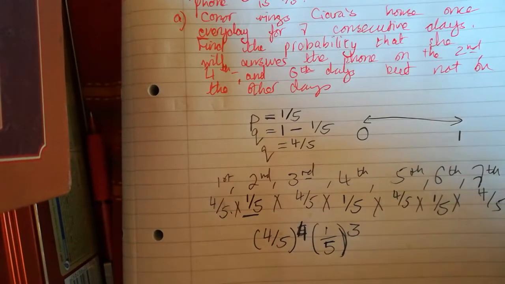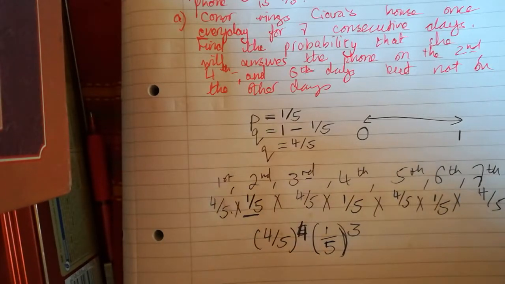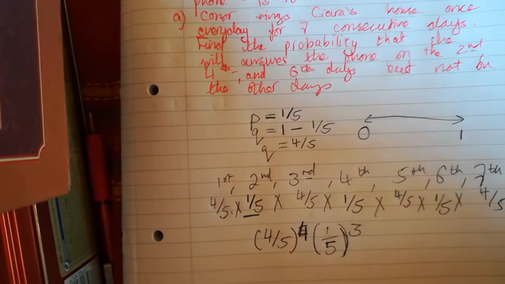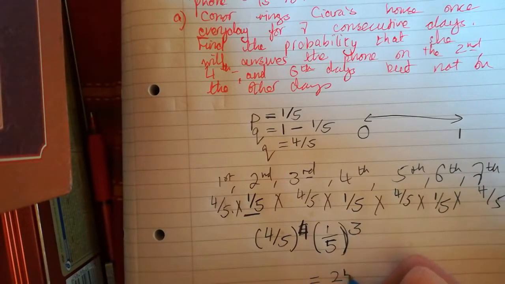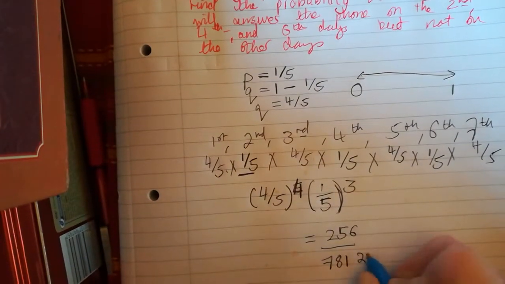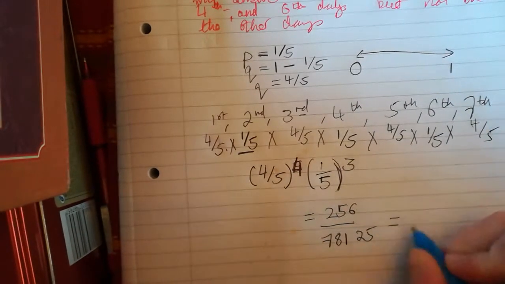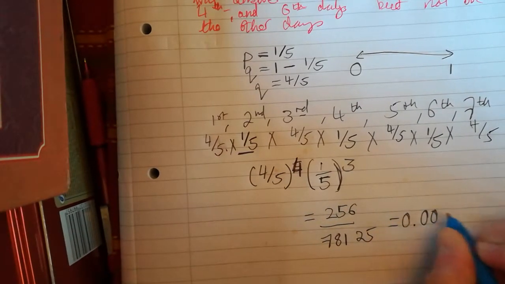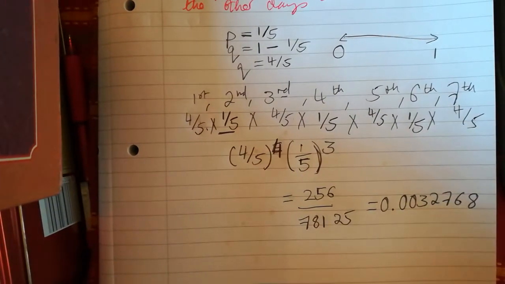If I plug that into my calculator, I got an answer of 256/78125, or if I wanted to convert it to a decimal, it would be 0.0032768. So that's the first part of that question.